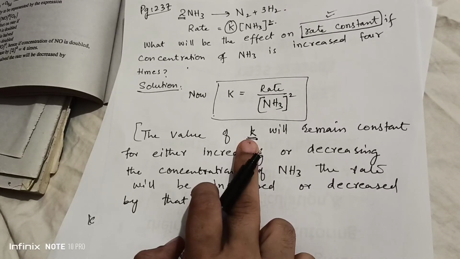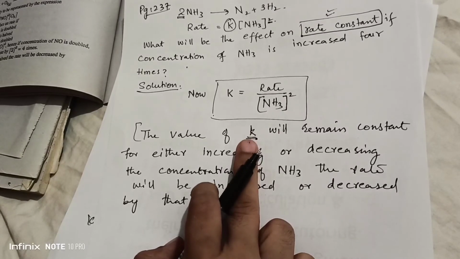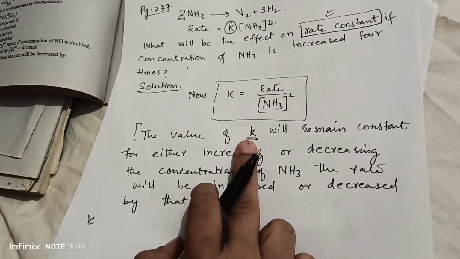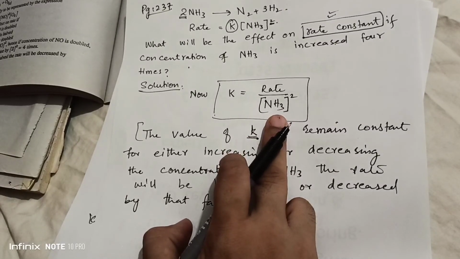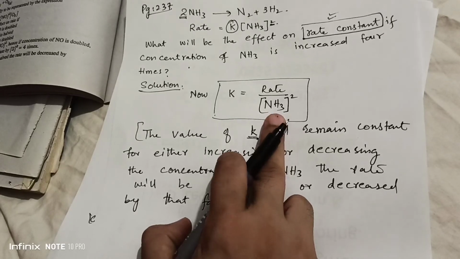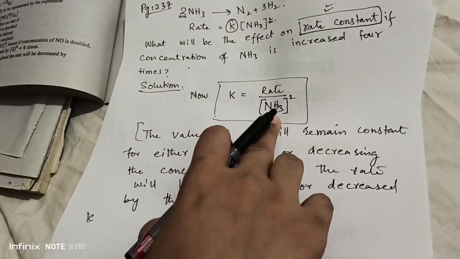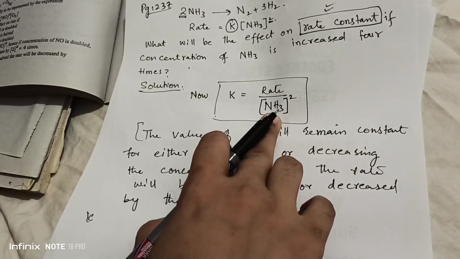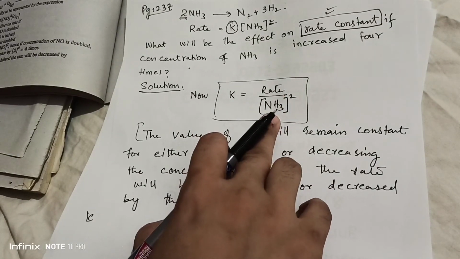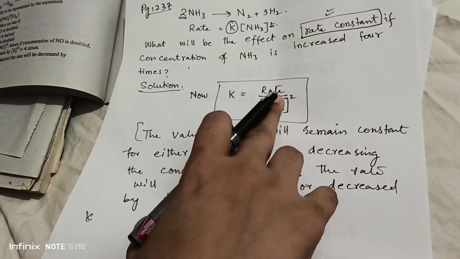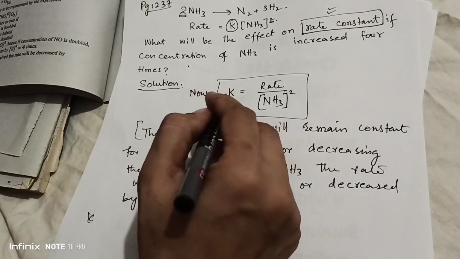If you change the temperature, the value of K will be affected. The change in concentration will not affect it. If you increase the concentration of ammonia, the rate will be increased by that factor. If you decrease it, the rate will be decreased by that factor, but the value of K will remain constant.